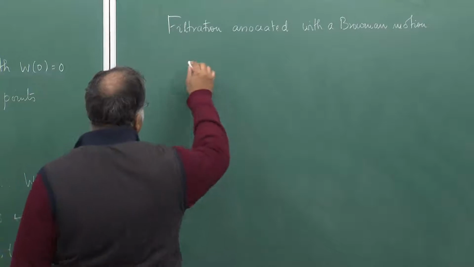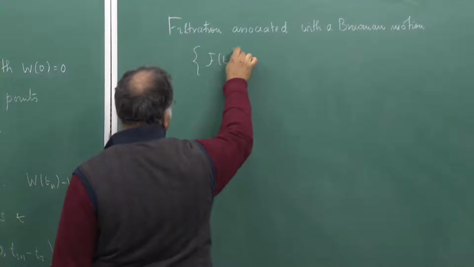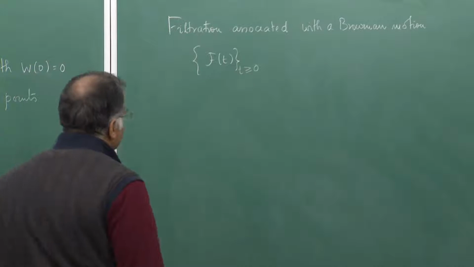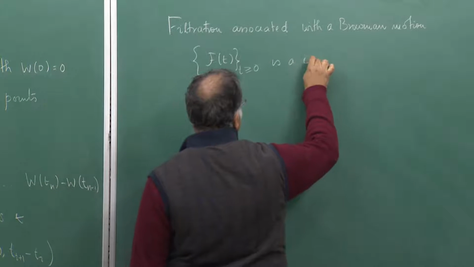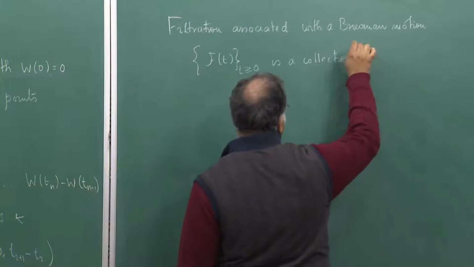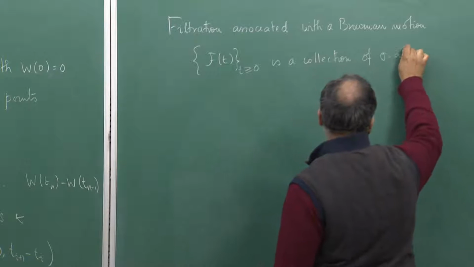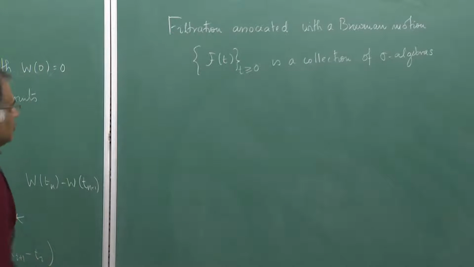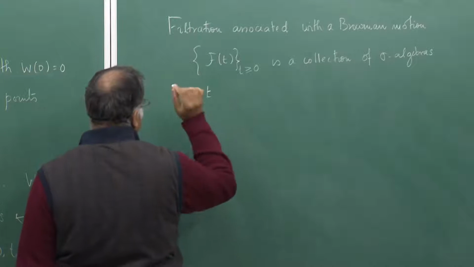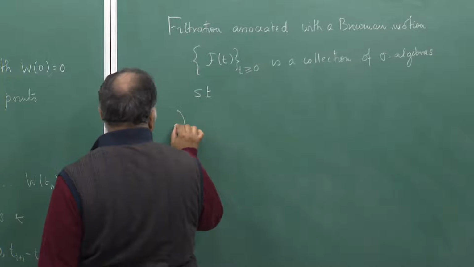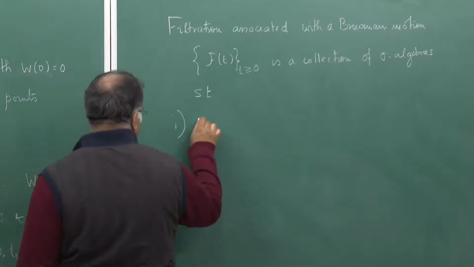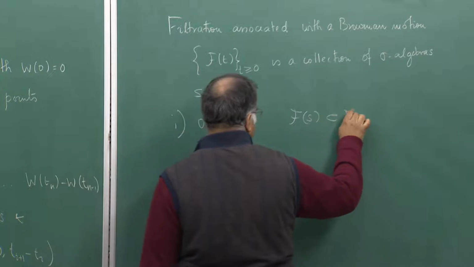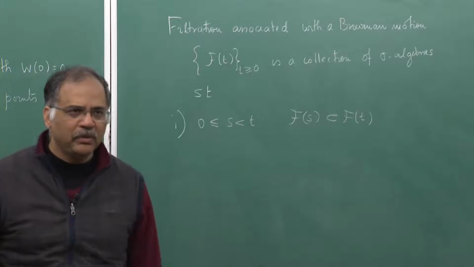This filtration Ft is a collection of sigma algebras such that, number 1, whenever t is strictly bigger than s, Fs must always be contained in Ft, that you have more information as time evolves.